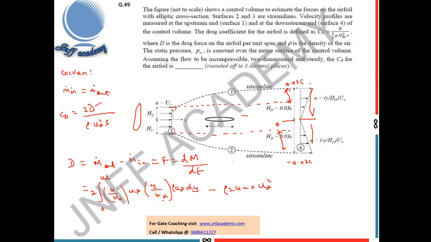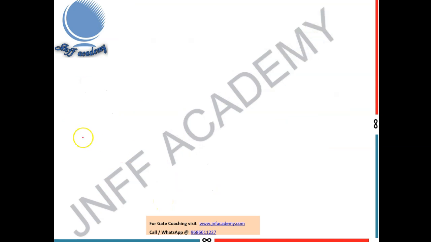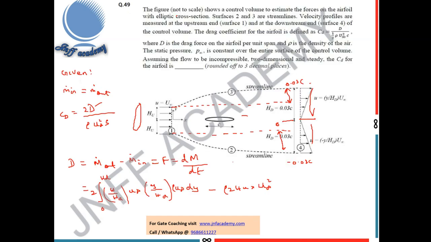Now if you integrate it, what will you get? It's very straightforward. I have done the integration by myself. Finally the drag is equal to rho u infinity square, because the integration is very straightforward. You see here, it is y square by ht square, so y cube by 3.